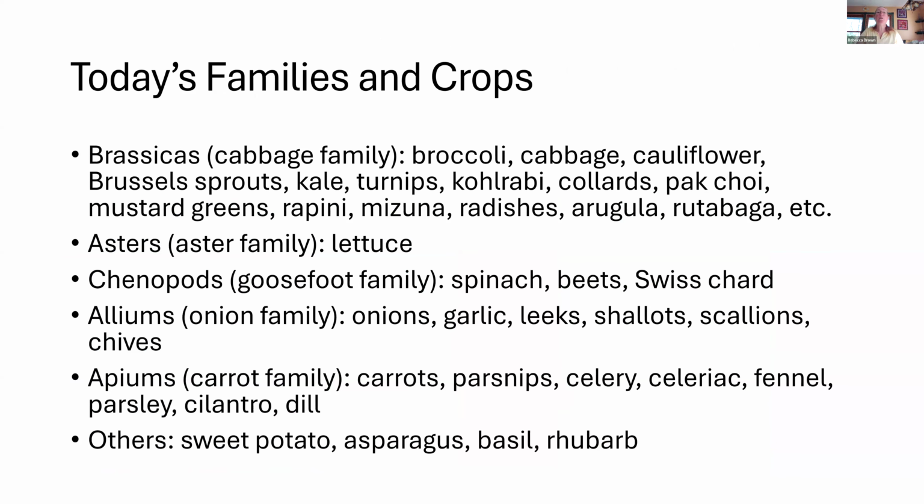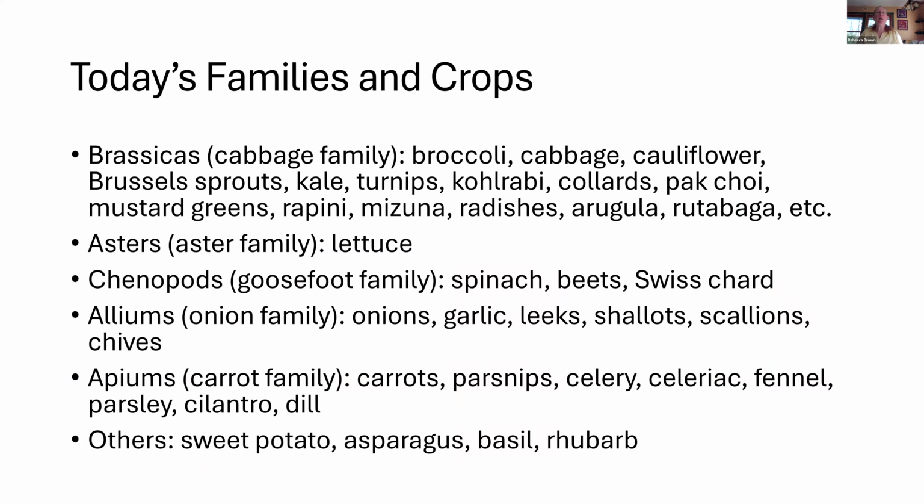All right, so what crops are we going to talk about today? So we are going to cover 5 families. We're going to start out with the brassicas, formerly known as the Brassicaceae. This is the cabbage family, and it's our single largest group of vegetables.